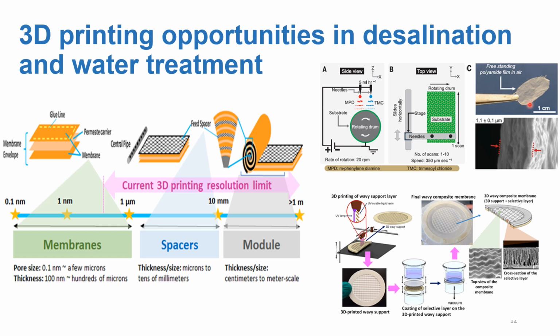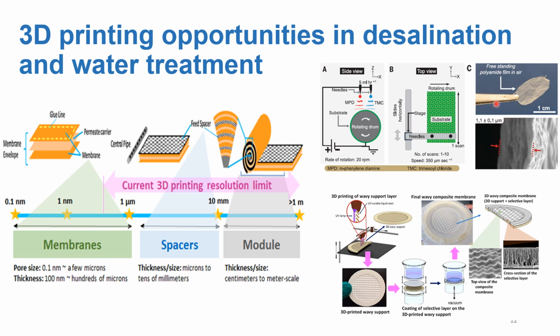And this membrane has had very good performance in terms of filtration, because the layers that are formed here can be uniformly controlled because of the process itself. This has been published in a very high-impact journal, Science.